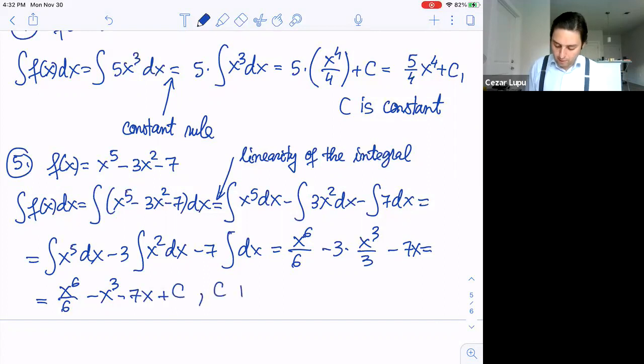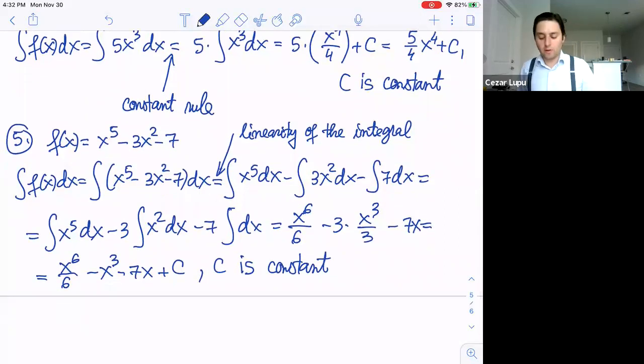Again, c is a constant. Because the integral of dx is the integral of 1 times dx, and the antiderivative of 1 is x. That's easy.